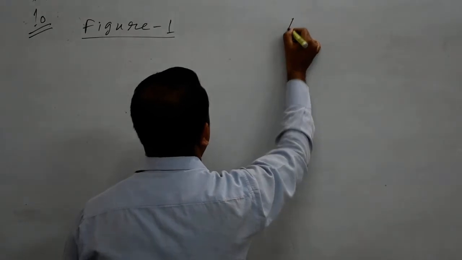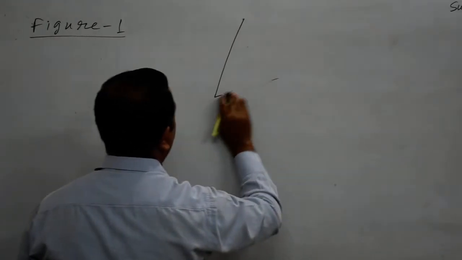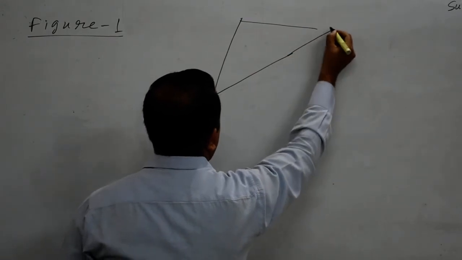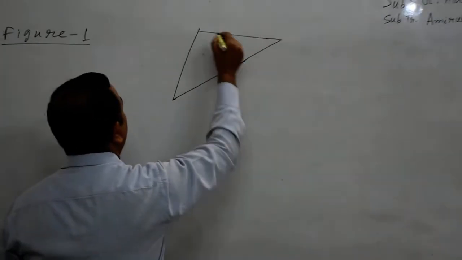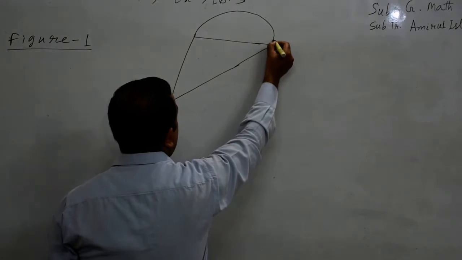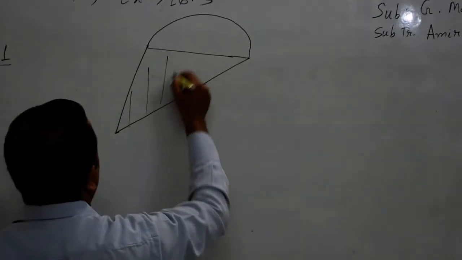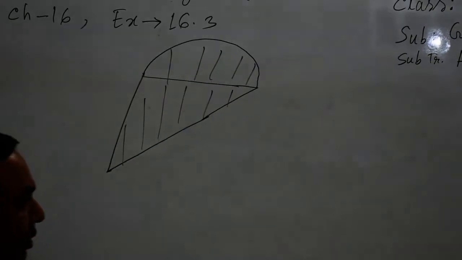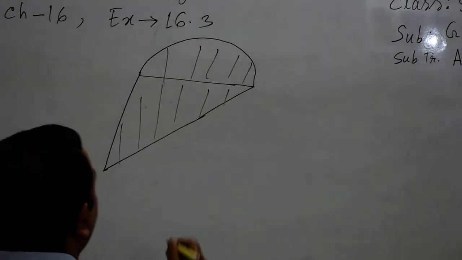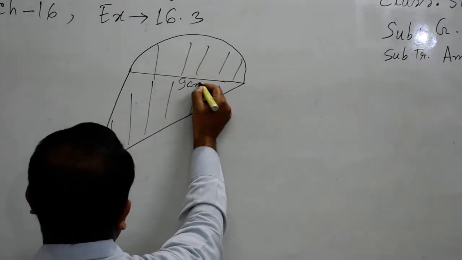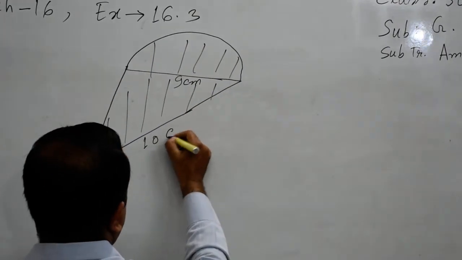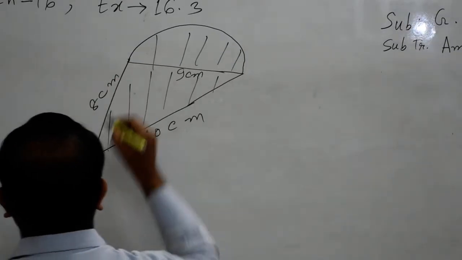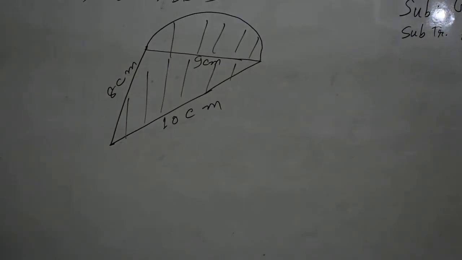That is one triangle given like this way, and all parts are being shaded, or dark marked. The lengths of the sides are also given. That is 9 centimeter, that is 10 centimeter, and another one is 8 centimeter. You have to calculate the area of the whole region.